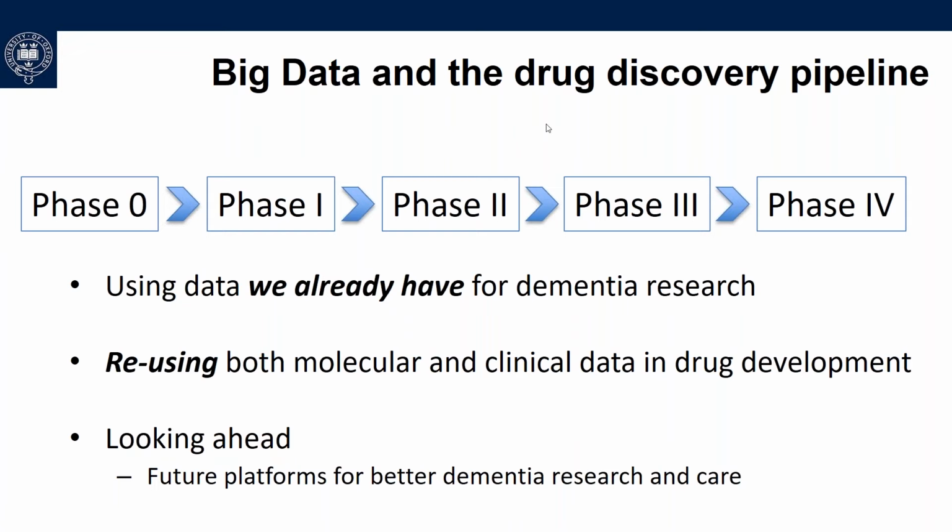Then I'm going to talk about how we can reuse both molecular and clinical data in drug development. And then I'll think a little bit at the end about how we might go forward in the future. Next slide.